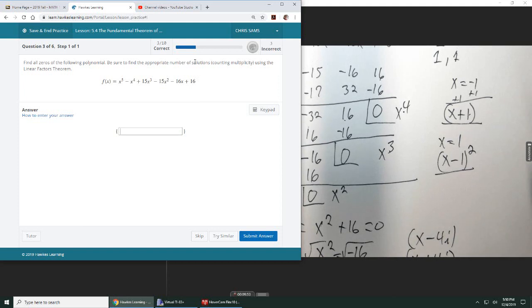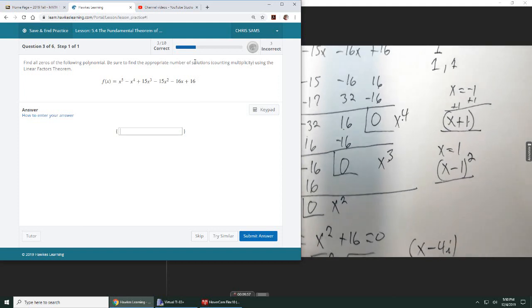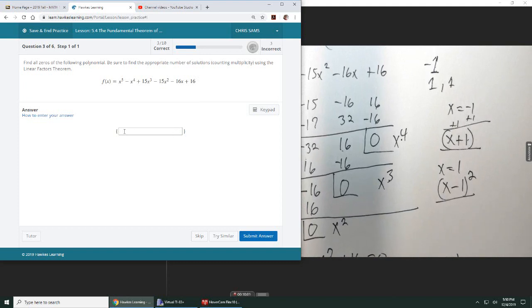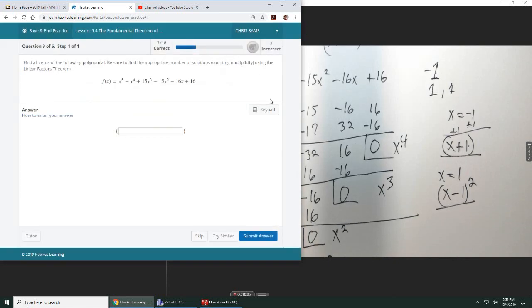So I guess, I don't know, it says use linear terms, but I wasn't able to put in parentheses. Let me see if I can put an X in there. Nope. So I guess I'm just going to list the numbers. We found out that -1 worked, and I'm going to list it twice, 1 and 1, because it says list the multiplicity.